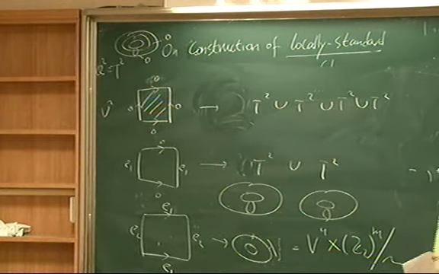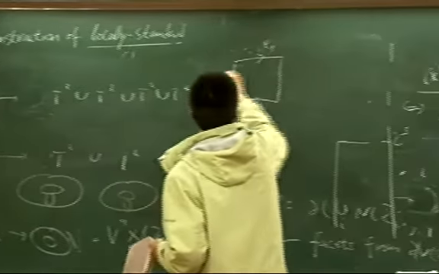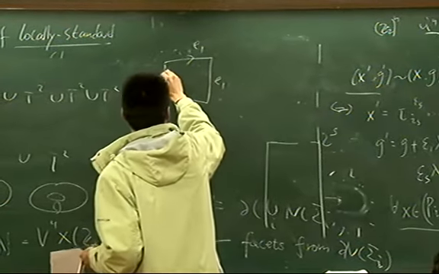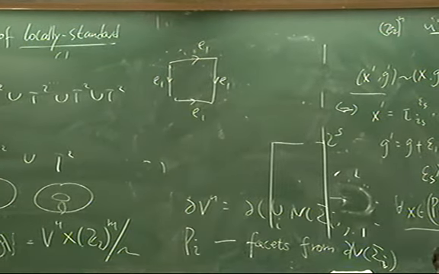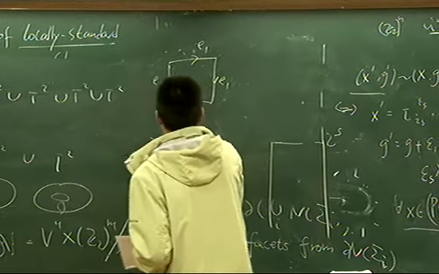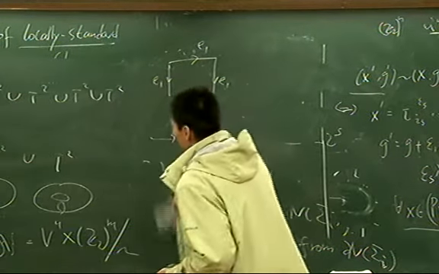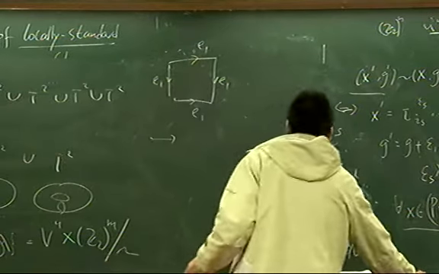And there's one very interesting one: E1, E1, E1, E1. They're all E1. This is not trivial. You can imagine it must be a 2-torus.